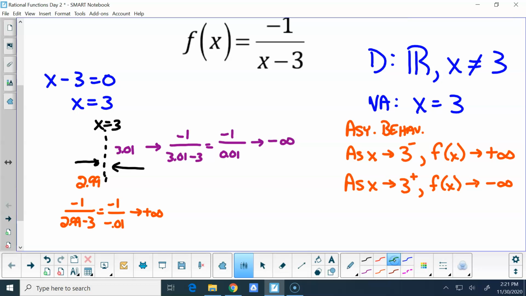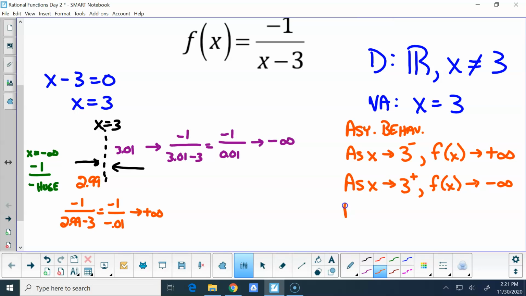Then I've got, as x out here is negative infinity, it's a ginormous number. So that's going to be negative 1 divided by a negative huge number minus 3, which is going to be an even huger negative number. Negative divided by a negative is positive.